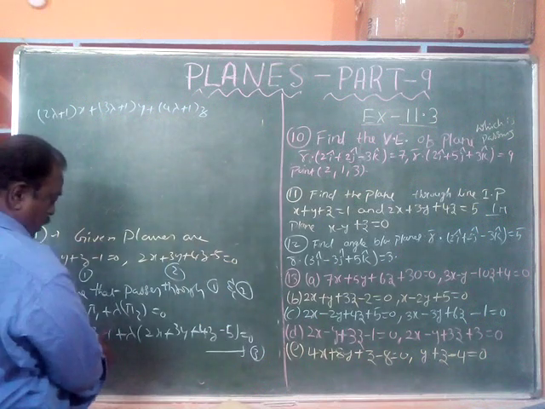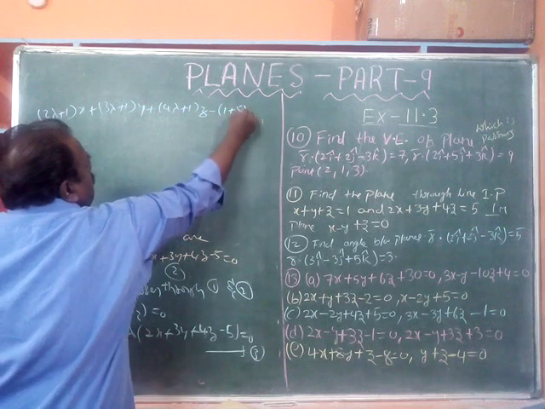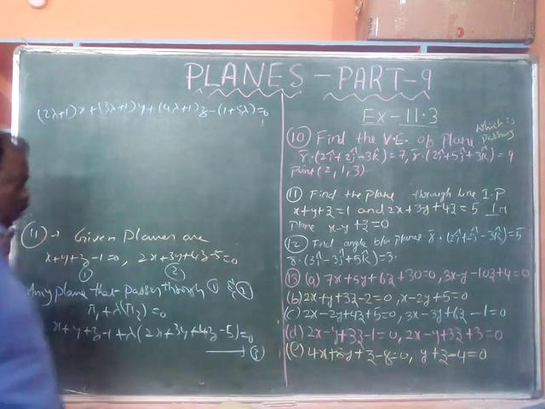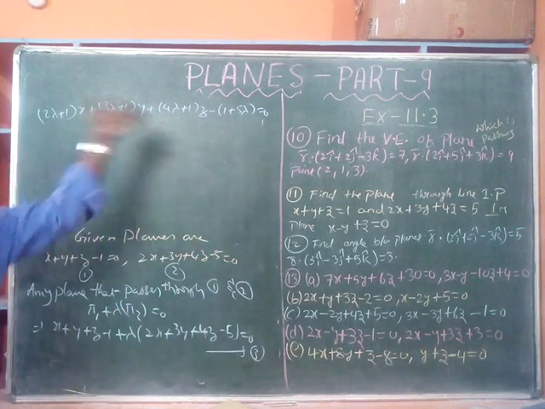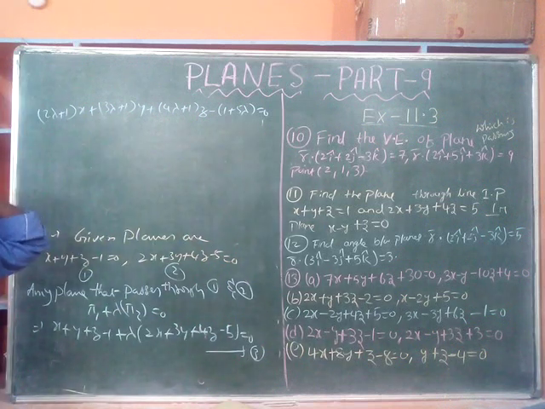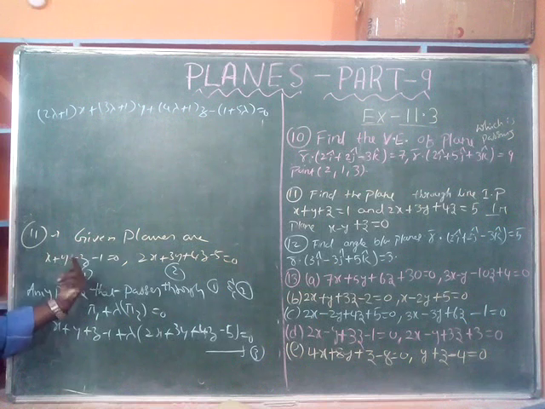This is minus 1 minus 5 lambda, minus of 1 plus 5 lambda is equal to 0. Taking minus common, put it in a bracket. So that is the required plane which is passing through the line of intersection of the first two planes. Okay.